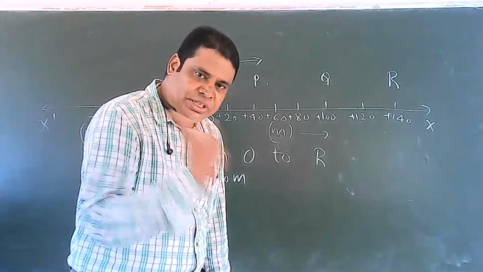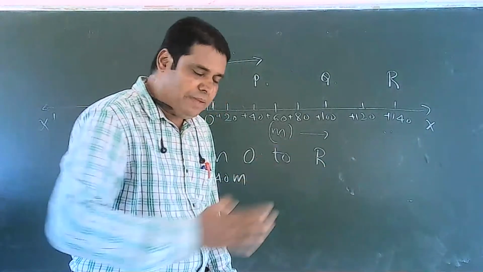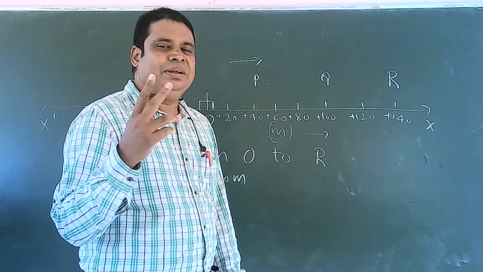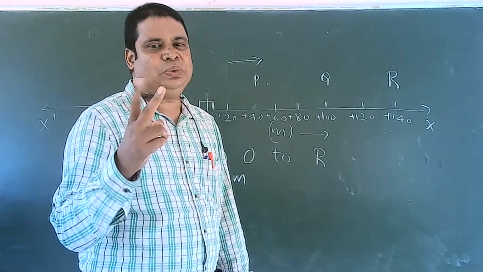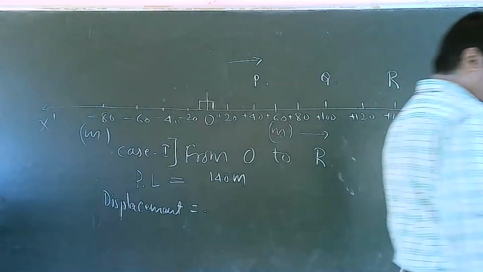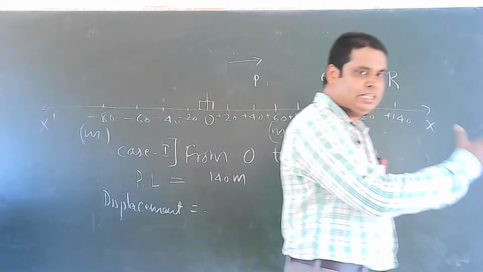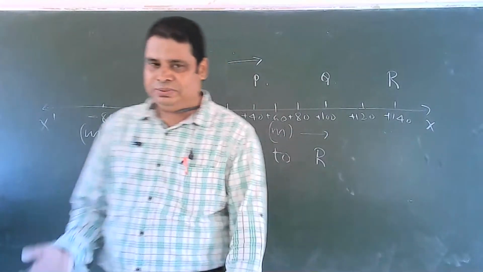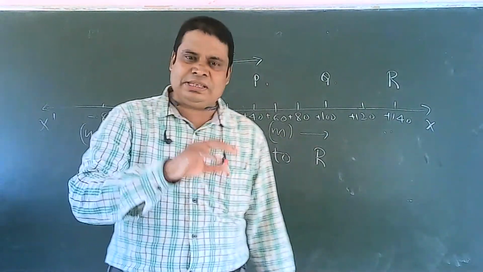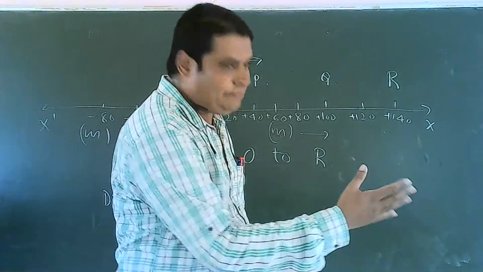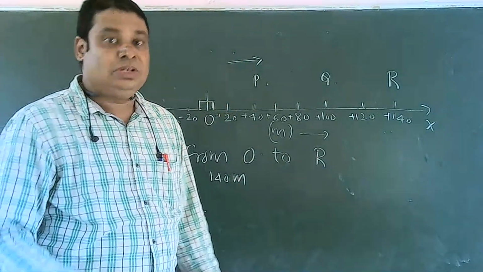In this chapter, the motion is in one line, I mean a straight line, rectilinear. A rectilinear motion has only two directions. Either this side, in one direction, let us consider it as positive, and opposite to that direction is negative. By putting plus and minus, we can specify direction. Plus means in one direction, minus means the opposite direction.